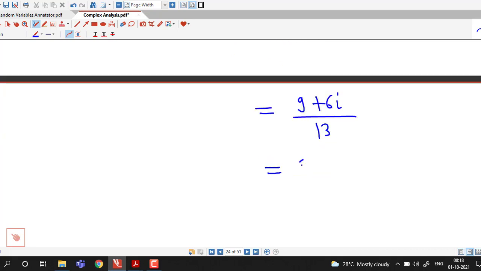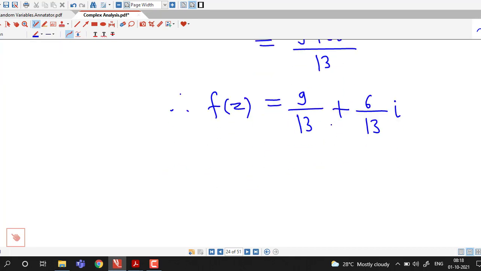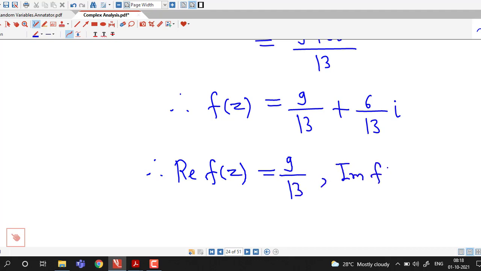So this we can rewrite as 9 by 13 plus 6 by 13 times i, and this is our given function f of z. So we can see, therefore, the real part of f of z is 9 by 13, and the imaginary part of f of z is 6 by 13.